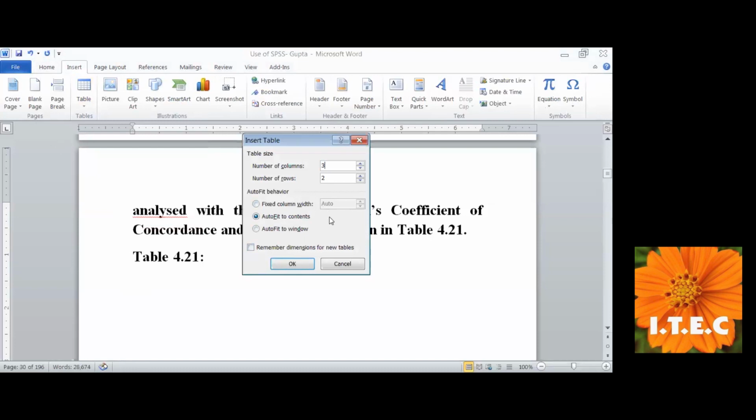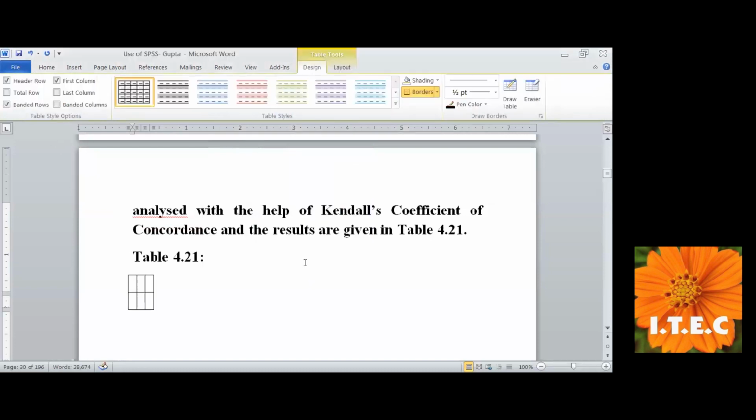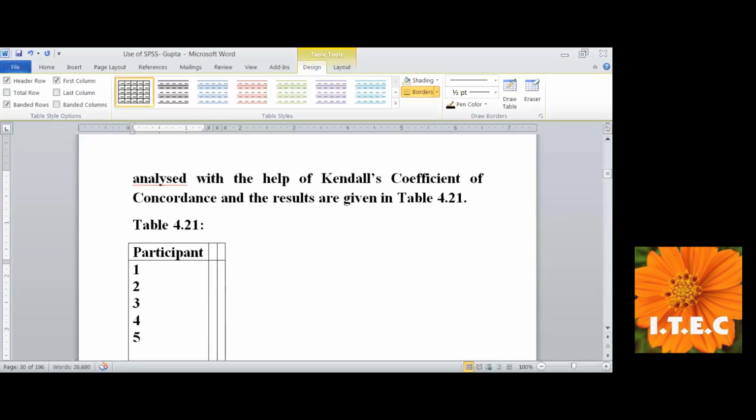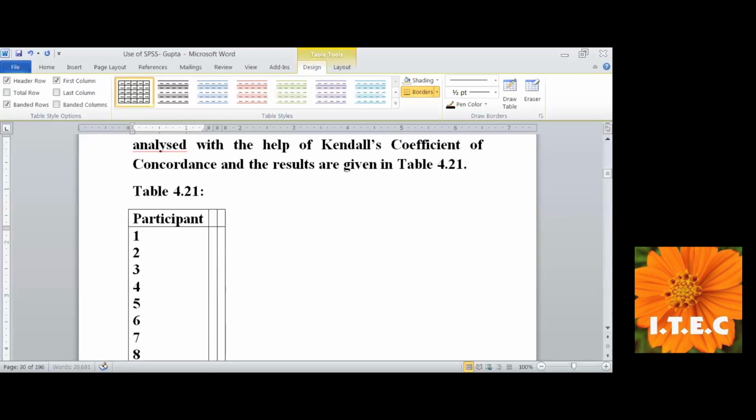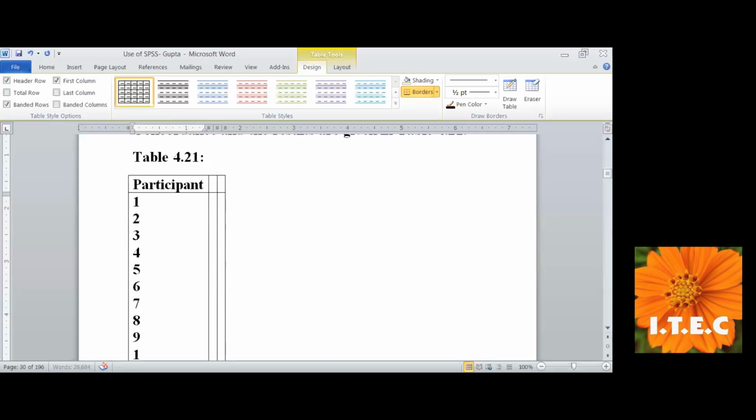So here is participant, it is 1, 2, 3, 4, 5, 6, 7, 8, 9, and 10.